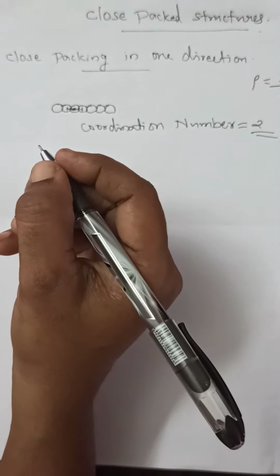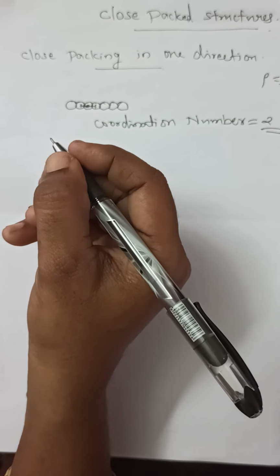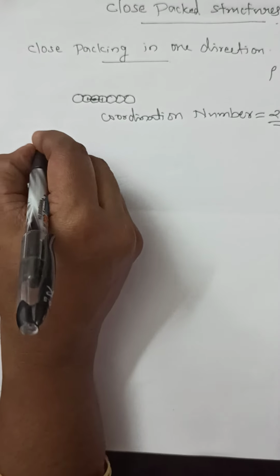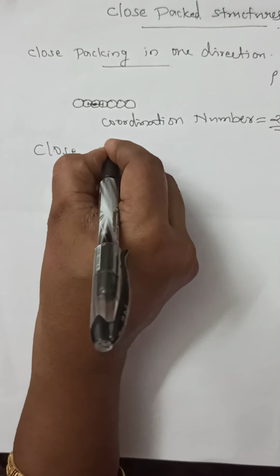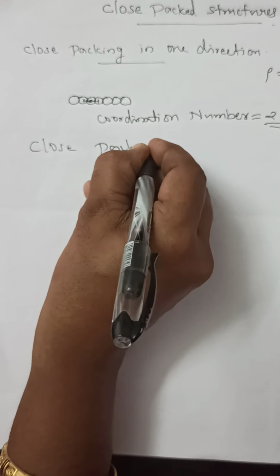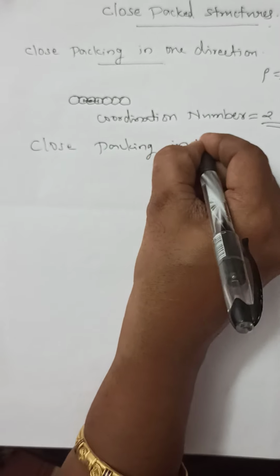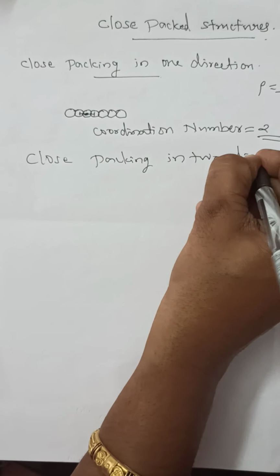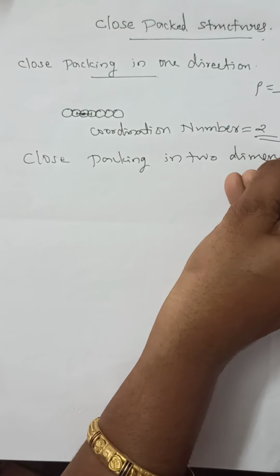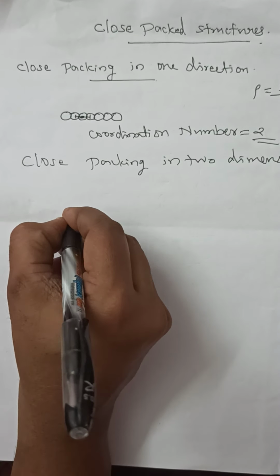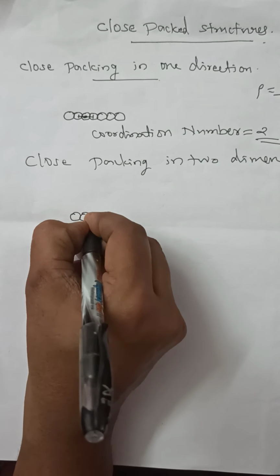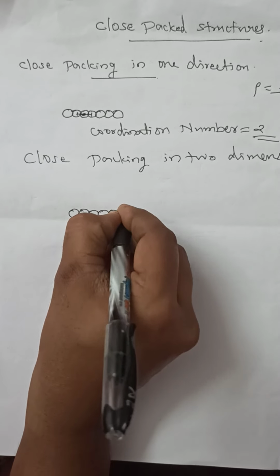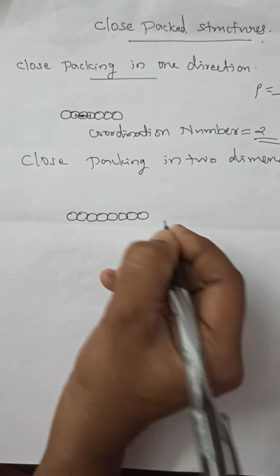Now we will see close packing in 2 dimensions. Here is the first layer, the first row.